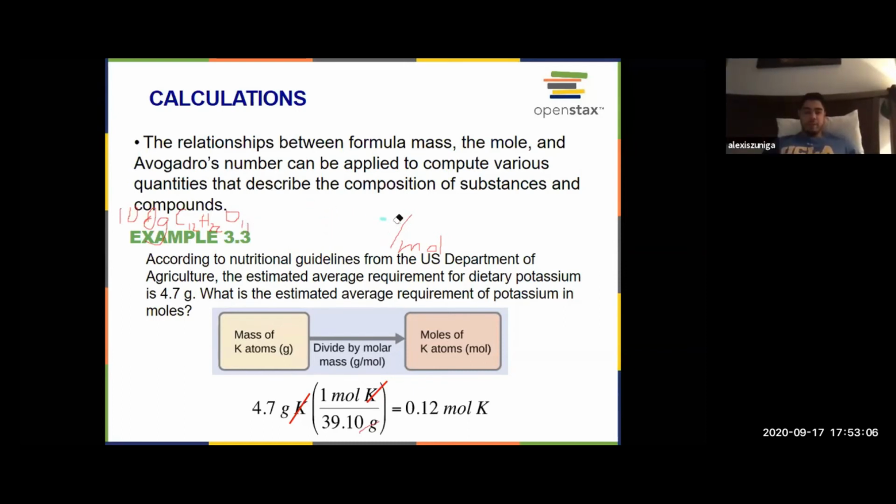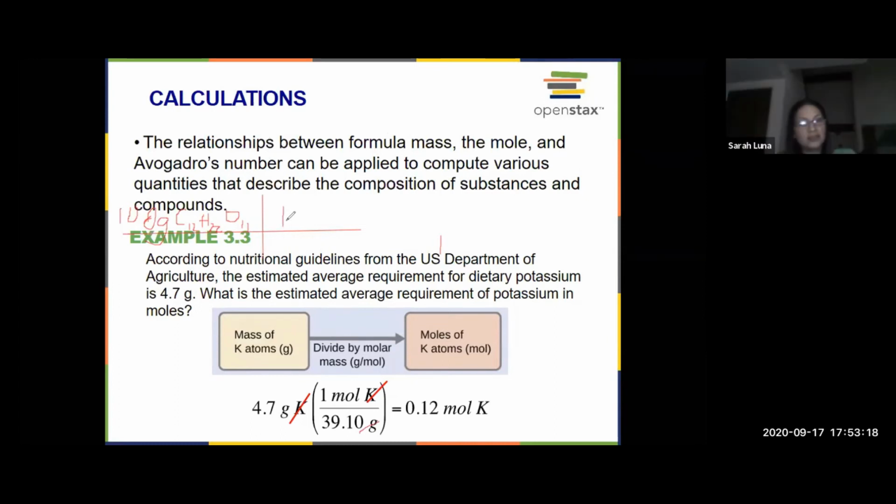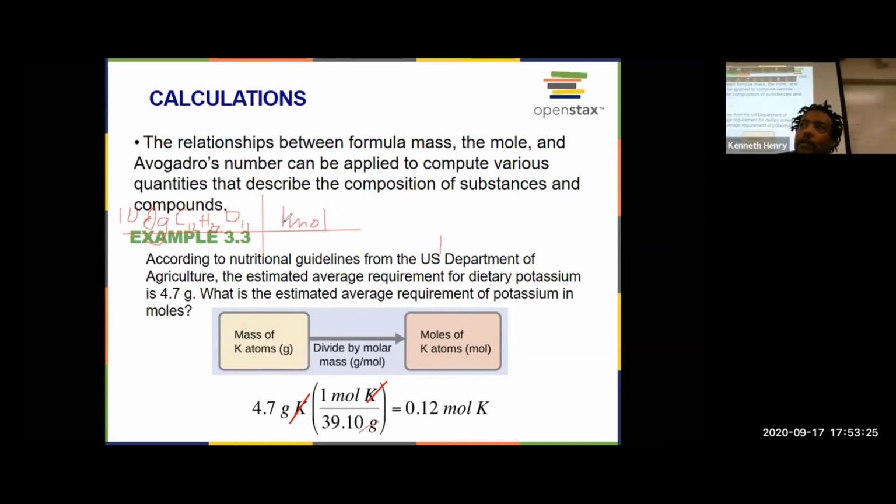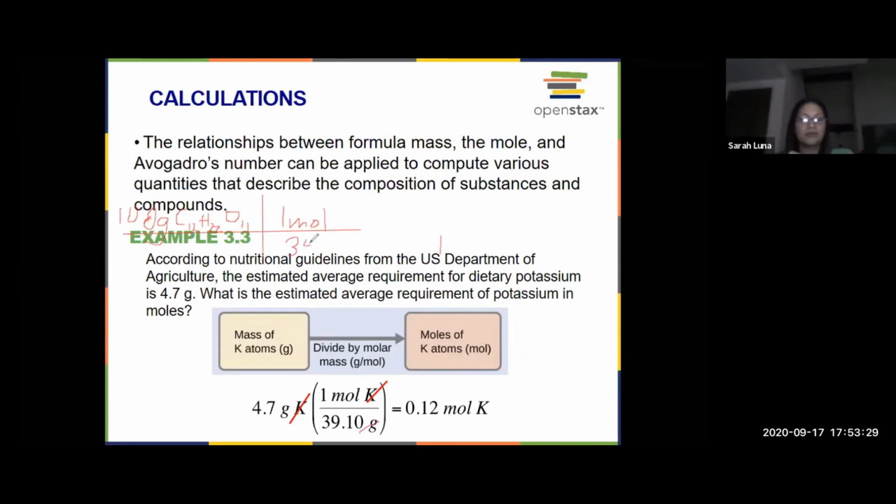Do 100 grams of the sucrose times 1 mole divided by 342 grams. Okay, so you did 100 grams times 1 mole over 342 grams.